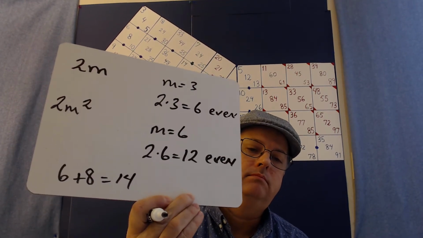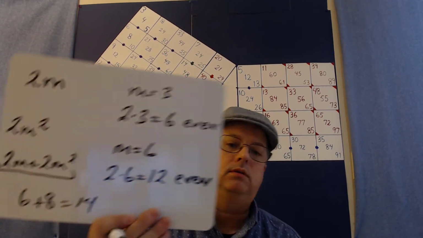And notice that whenever you add an even number to an even number, say 6 plus 8, you get an even number. And so when we're adding these together, 2m plus 2m squared, that's going to give us an even number.